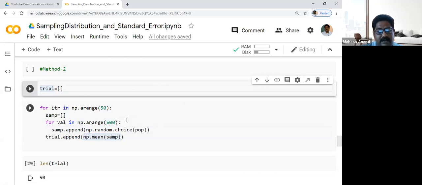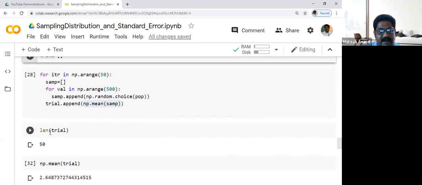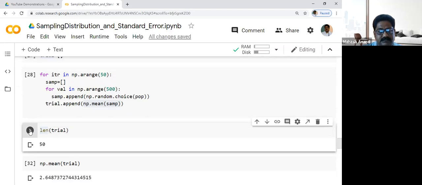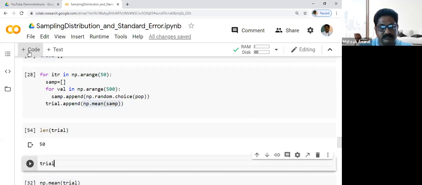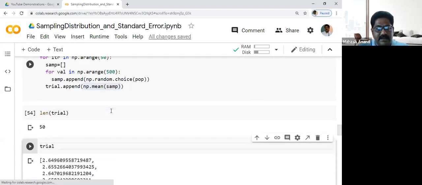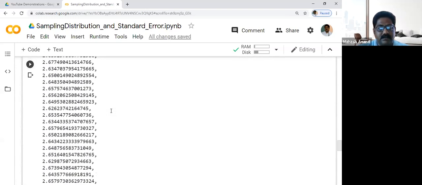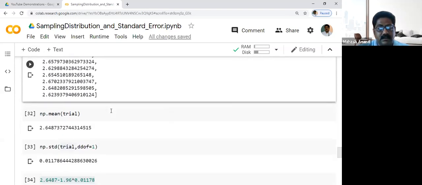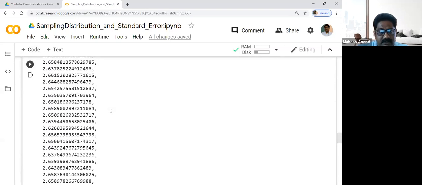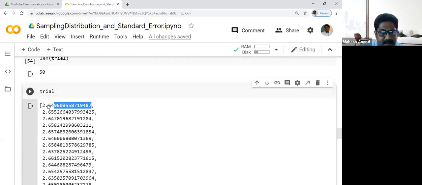After running the trial, you can see the length of the trial. We got 50 values. If you want to see those 50 individual values, you can see these are all the 50 mean values. So every time we took 500 samples, that 500 sample mean.